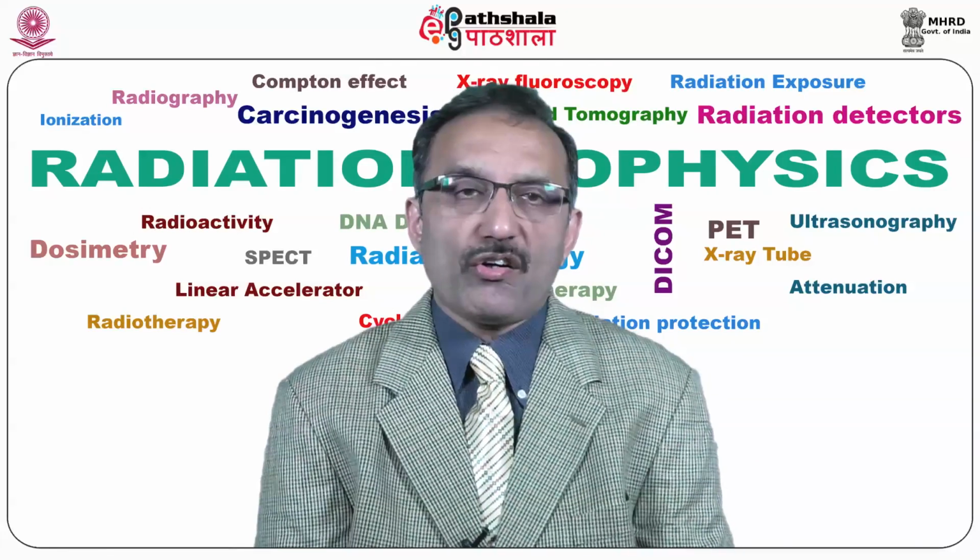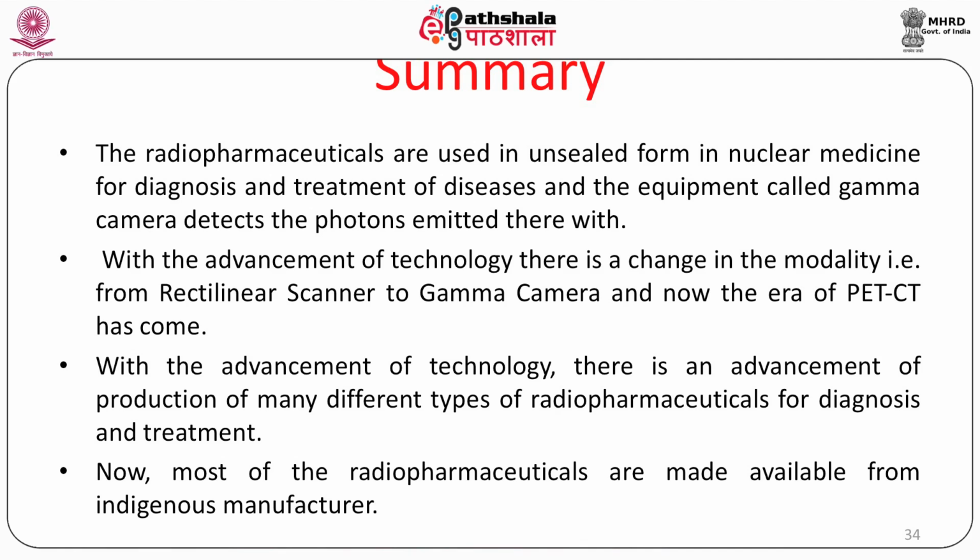In summary, radiopharmaceuticals are used in unsealed form in nuclear medicine for diagnosis and treatment of disease, and the equipment called gamma camera detects the photons emitted therewith. With the advancement of technology, there is a change in the modality: initially we were talking about rectilinear scanners or gamma probes, and now we are talking about gamma camera and PET-CT.